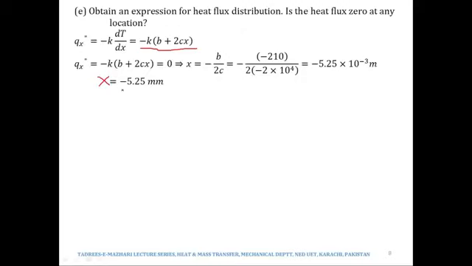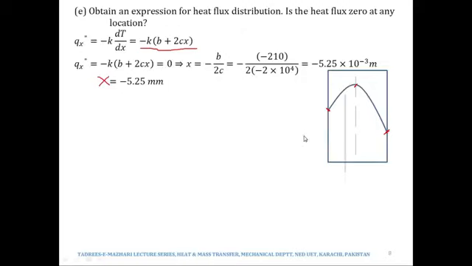Now what does this mean? How can heat flux be 0? You need to think over it. How can or where can heat flux be 0? Heat flux would be 0 where there would not be any heat flowing through that point onto the other side, right? So if we take a look at this curve again, where this value of temperature was 69, and over here we had 82, and over here we had 79.8.